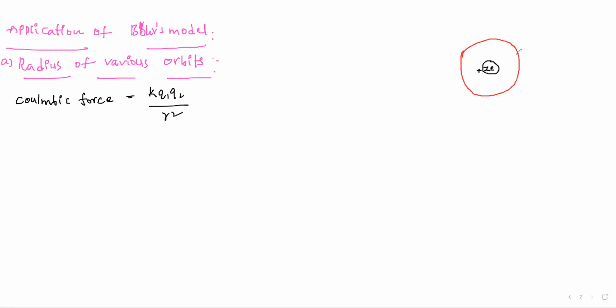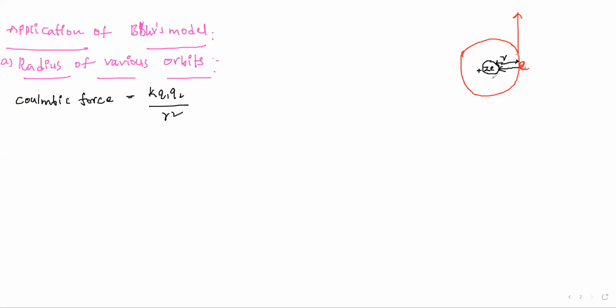These here are electrons. The Coulombic force is the attraction force between these two, nucleus and electron, and the distance between these two is the radius R.